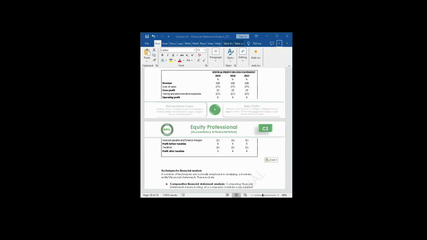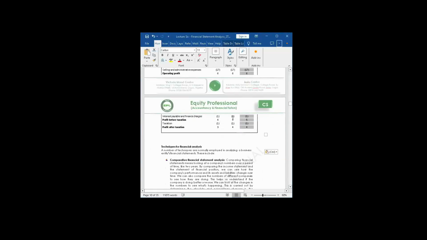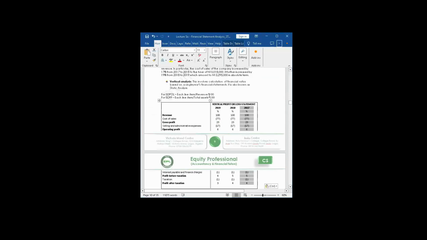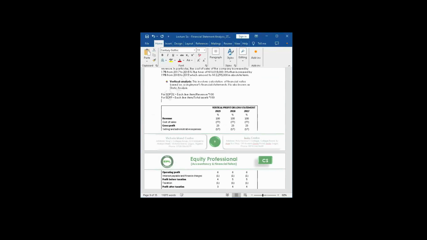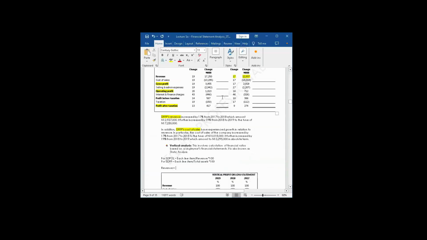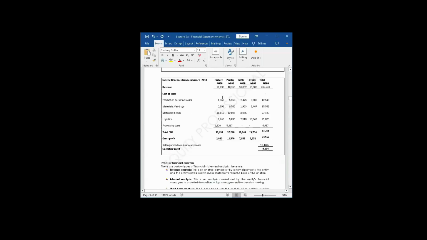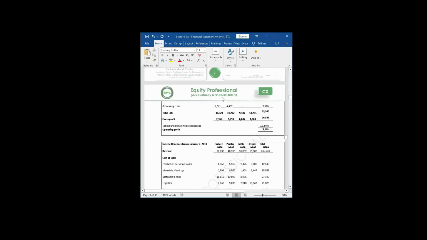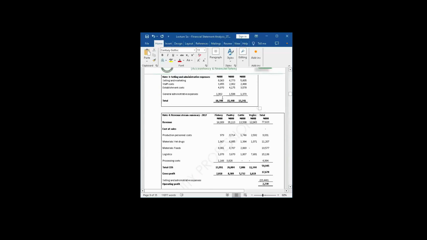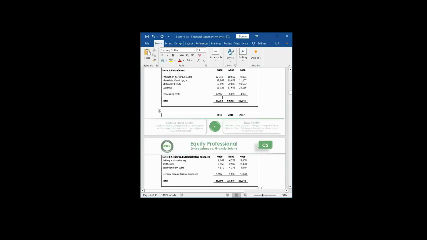Let me see if I can make sense out of that. Right, okay. So that's how to do vertical analysis. I've given you the formula here. So let me show you again. For revenue, this is how to compute it.